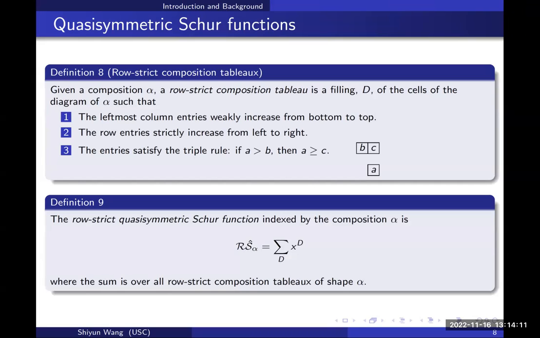You still have the triple rule, but we modified it a little bit: if A is greater than B, then A is greater than or equal to C. So the row-strict quasisymmetric Schur is the generating function of this kind of tableau, and x^d is just the content monomial.